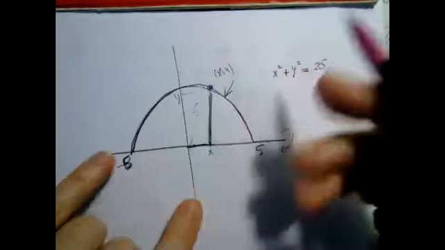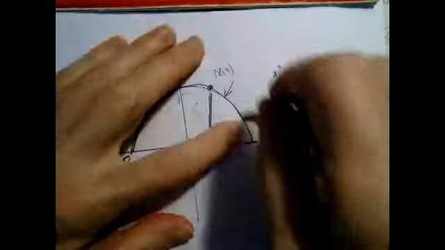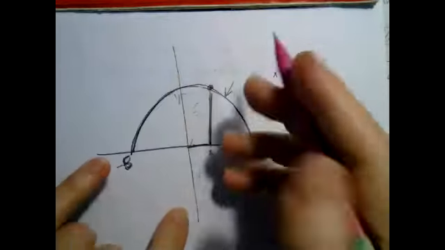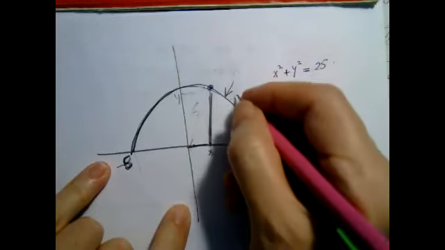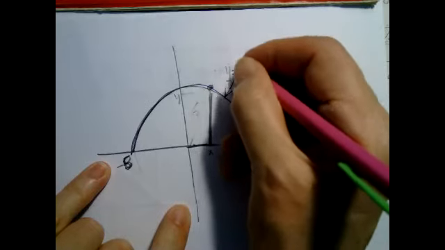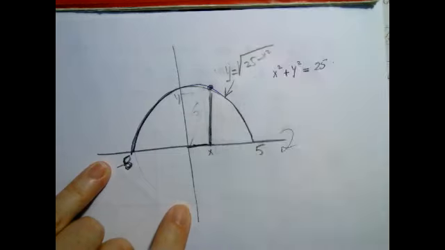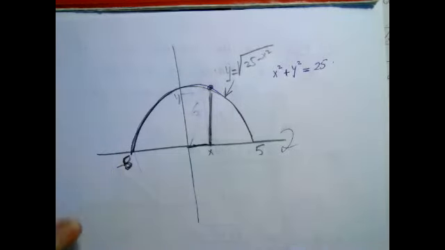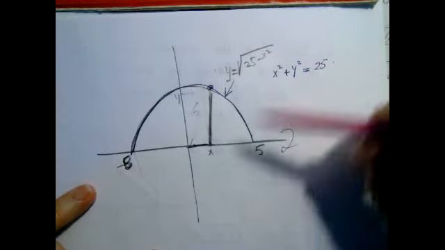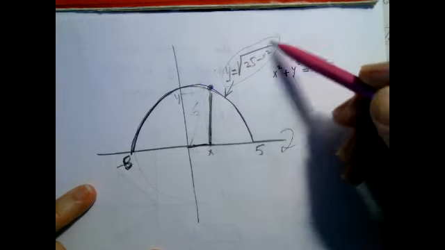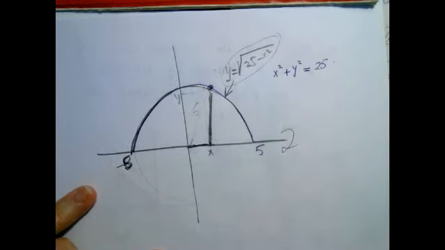So the y of a circle, and this is something I expect my students to know, is the square root of 25 minus x squared. Now if I want to find the surface area, I apply verbatim the formula for this function.